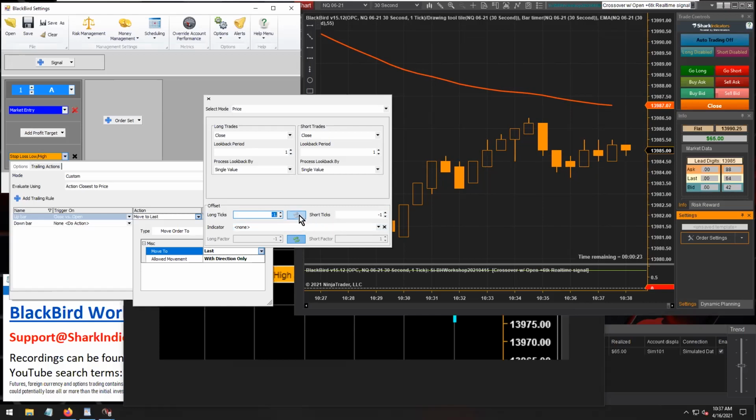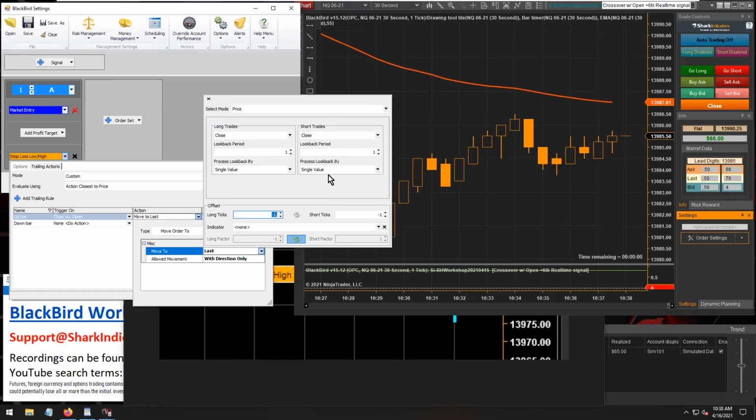Basically, with synchronizing, when you set the long side, it reverses everything for the short trade side. That's how the short trade is able to automatically set itself when you're setting the long side, and that's because of this synchronization capability. You can turn that synchronizing off by using that button right there.